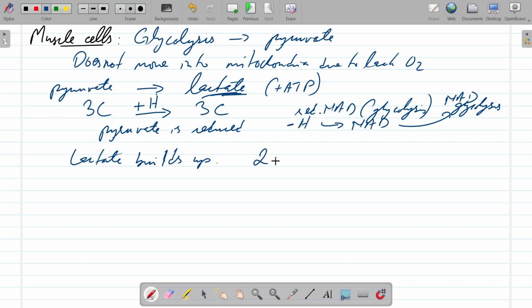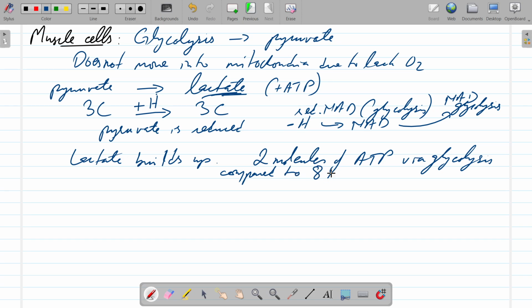And there are only 2 molecules of ATP being produced via glycolysis, which is obviously very low, as compared to 8 molecules of ATP produced via glycolysis under aerobic conditions. So for just this step, you've only got 25% efficiency for the number of ATP molecules being produced, and the rest of the process isn't even happening.